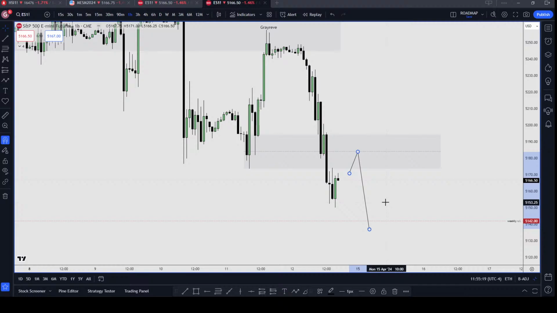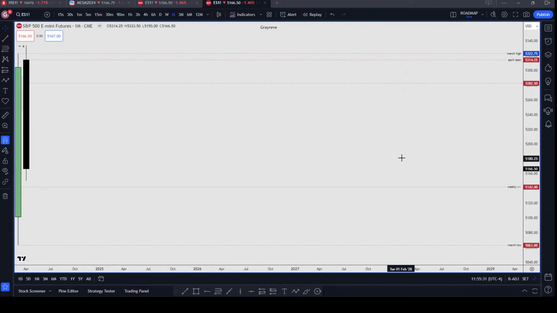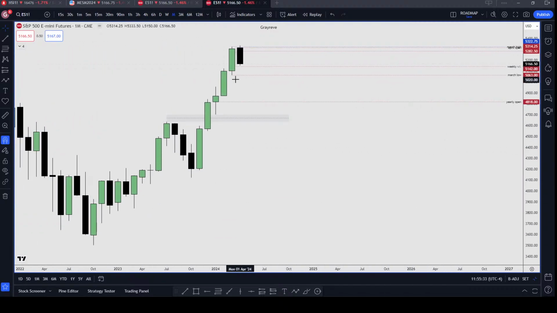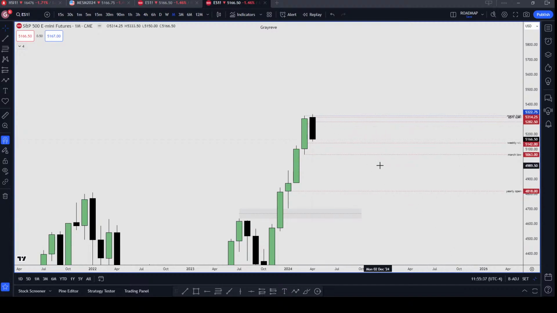Barring any gap downs, obviously. And with this, let's see if we can trade into March low eventually by the end of April. Okay, so that is what I'm anticipating, and that is what I am watching as well.